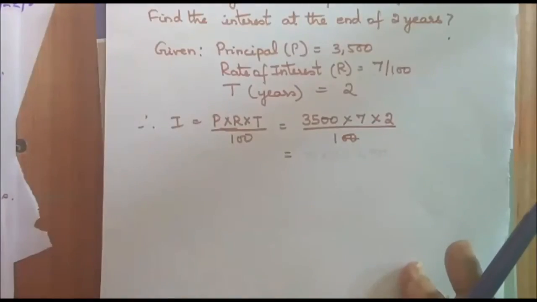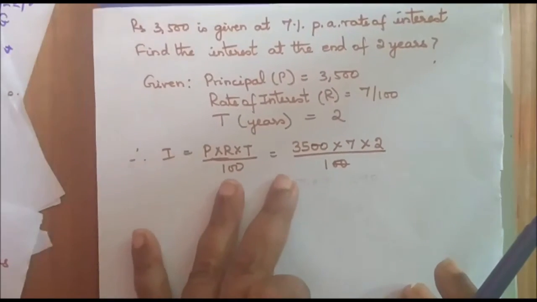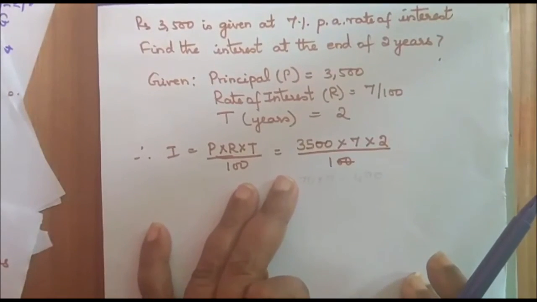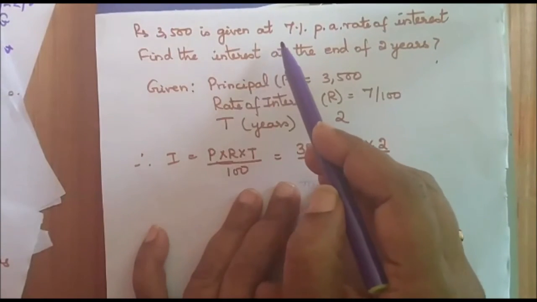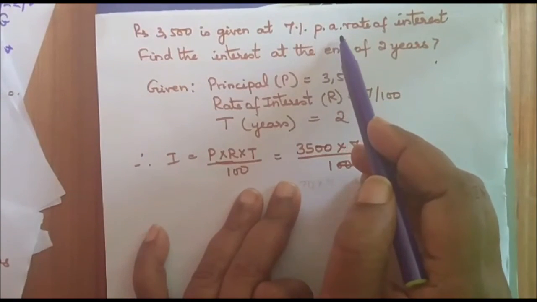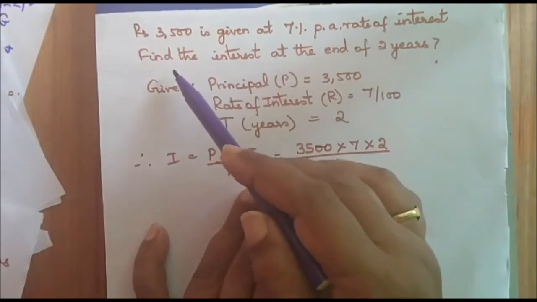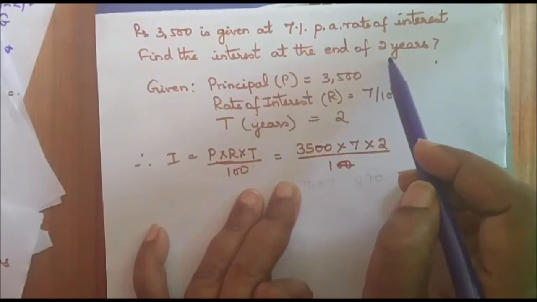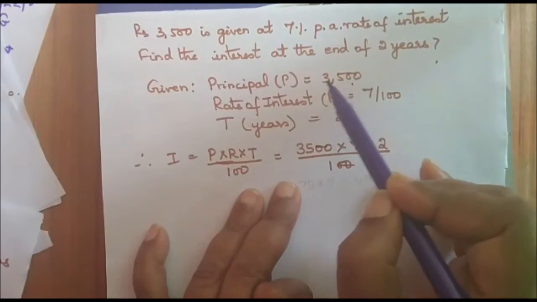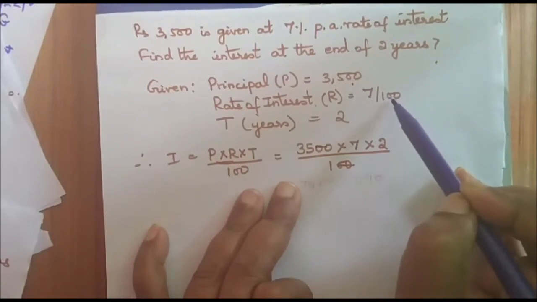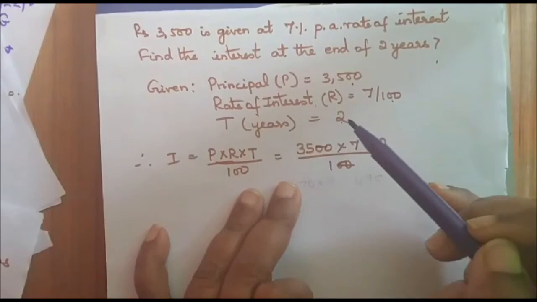Now we will see a sum to see how the simple interest is calculated. Rupees 3500 is given at 7% per annum rate of interest. Find the interest at the end of 2 years. So what is given? Principal is 3500, rate of interest is 7 by 100 and number of years is 2.